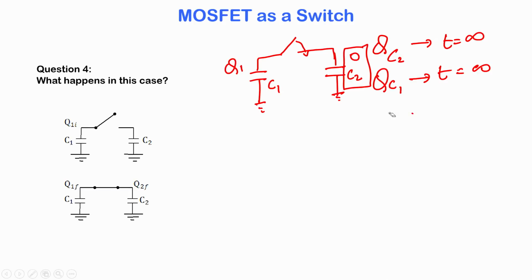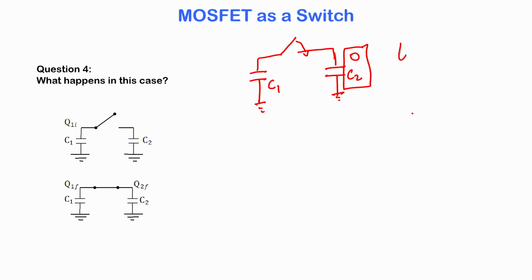Let us just use the variables I have used here: at time t equal to 0, C1 has a charge of Q1 initial, and at time t equal to 0, C2 has a charge of Q2 initial, which is 0.